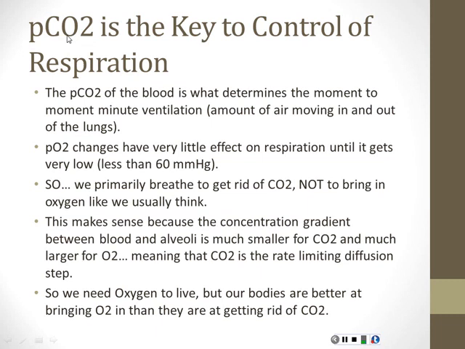It is the CO2 concentration that determines how deeply we breathe, how often we breathe, and in many ways, it's the limiting factor. Could you make a human that was 10 times larger than us? No, you couldn't, because they wouldn't be able to get rid of the CO2 that they make. They could probably still oxygenate, in other words, get enough oxygen, but they wouldn't be able to get rid of all their CO2 production.